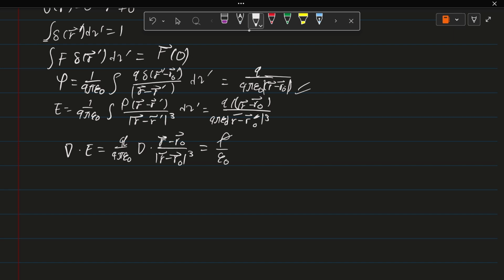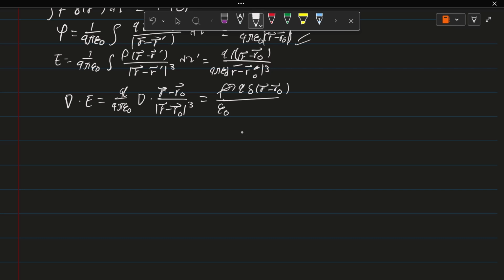Or in this case, this is q times the Dirac delta of r vector minus r0 vector. And here's something that I want to remind you, that we don't even need to use Gauss law. Instead, we know that Gauss law comes from Coulomb's law, and we have already used Coulomb's law to get this. So basically, this and this must come from the mathematics. And so we could actually simplify this further.